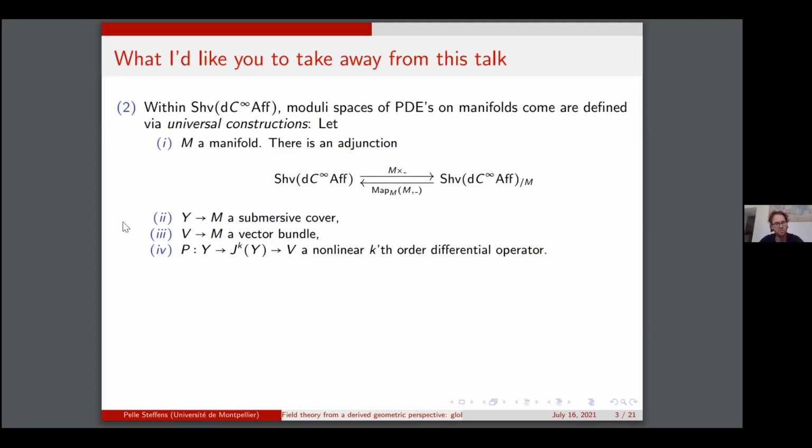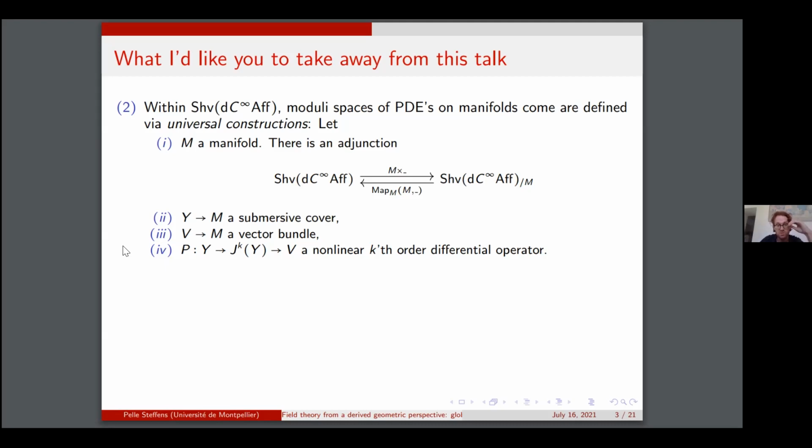So furthermore, we have some data. We want to consider nonlinear differential operators between bundles. We take some surjective submersion, and we consider nonlinear differential operators with values in a vector bundle. So in this factorization we see J^k Y, the kth jet bundle, which precisely means that it's a kth order differential operator. Then this differential operator induces a map between these stacks of sections.